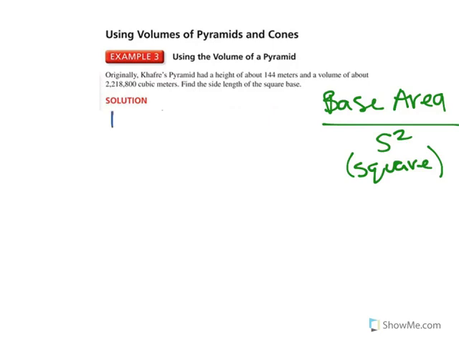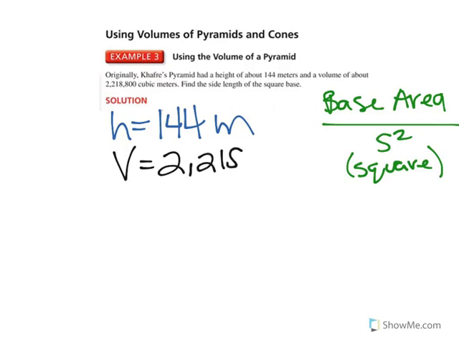We also know that the height is 144 meters. And then we also know that our volume is 2,218,800 meters cubed. Okay, so we have three pieces of information. Well, I know that I need to write down my formula.